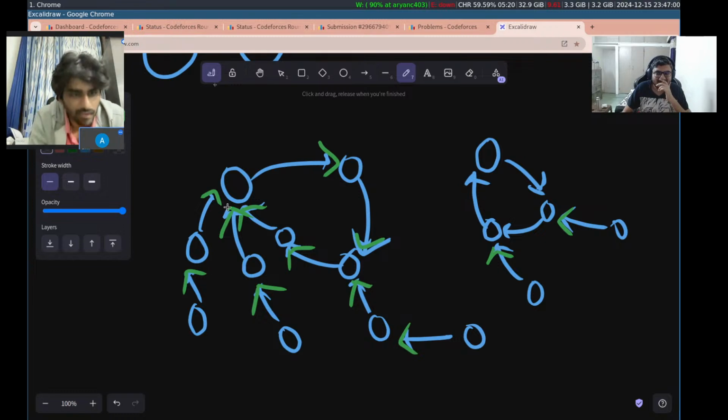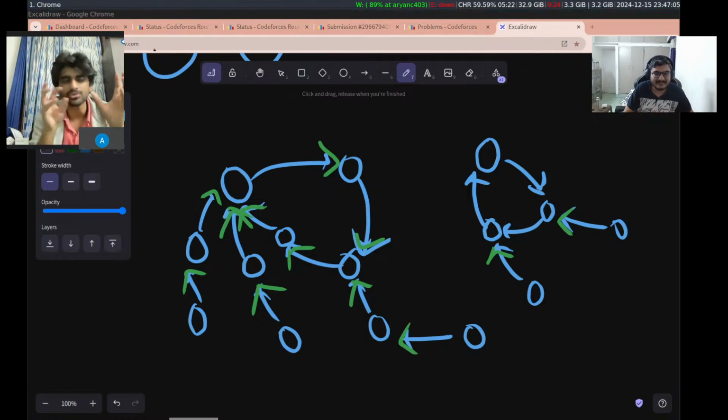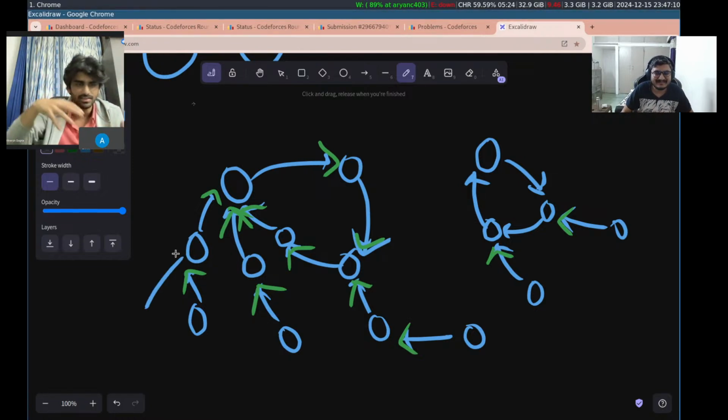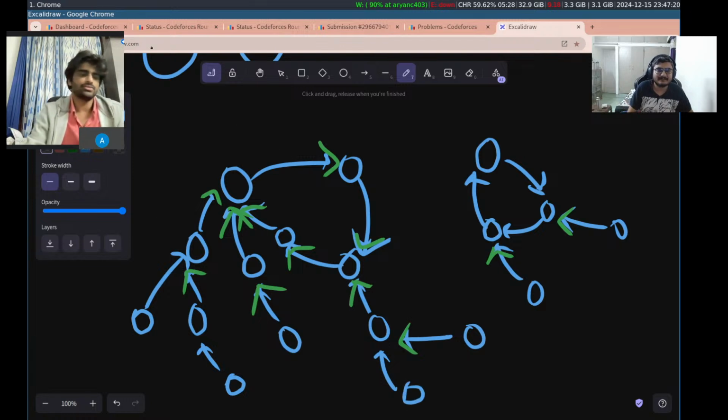Okay, so I think this is good enough for G1, but for G2, I would want some sort of branching also in the subtrees. Can you make an extra branch here? Yeah, so basically now what we have is the most general form of graph.